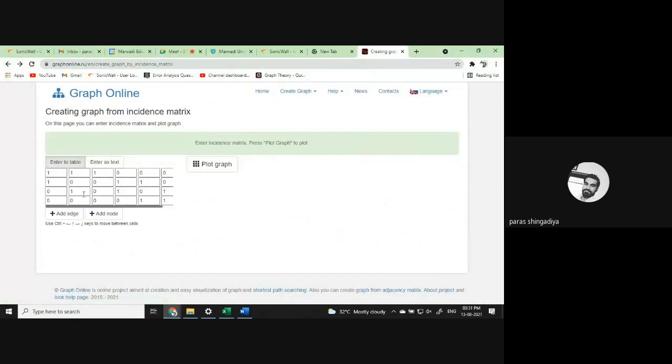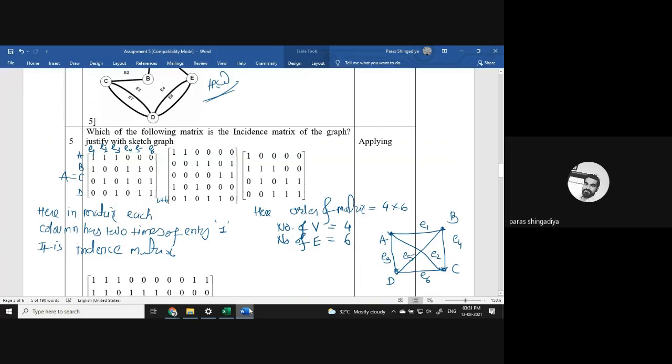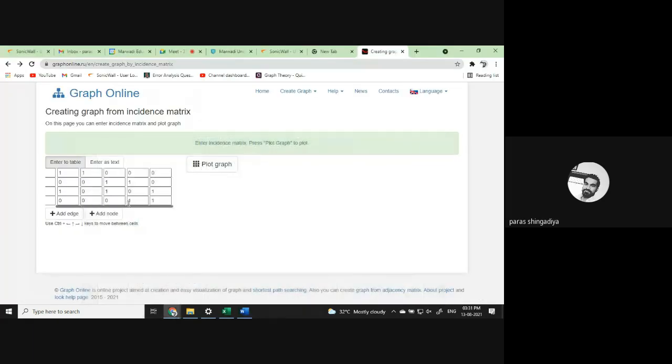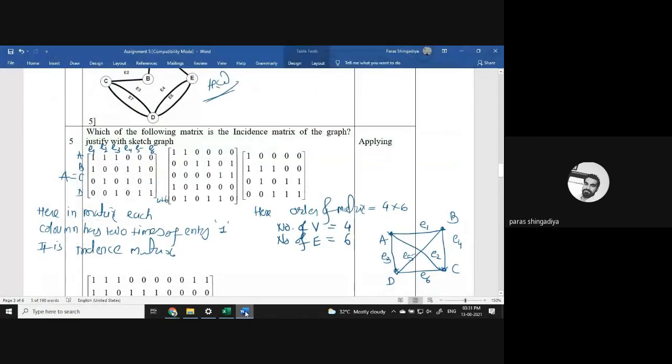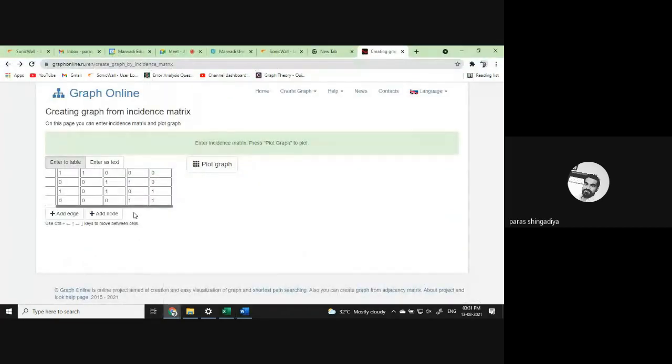Let's check the values again. 1 1 1 0 0 0. The first row is the same. The second row is 1 0 0 1 0 0 1 1 0. The third row is 0 1 0 1 0 1. And a 1 is missing here.